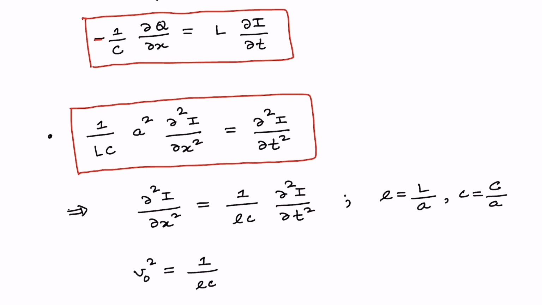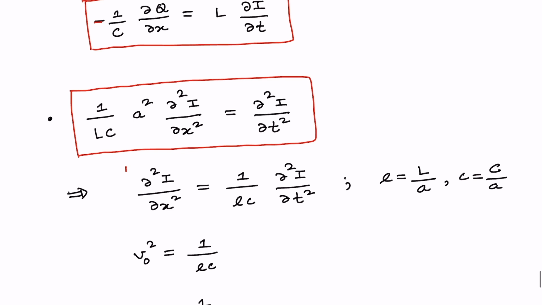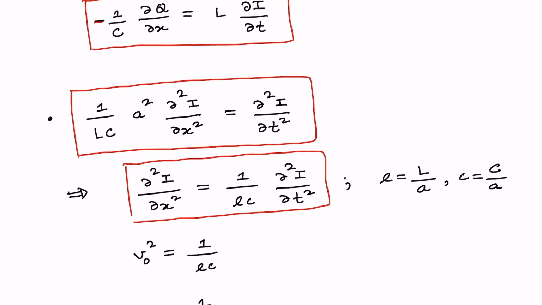Please try to do that, otherwise we are going to do it in the problem solving session. Now this equation I can rewrite in this particular form, where the small l is the inductance per unit length of the unit cell, and small c is the capacitance per unit length of the unit cell.